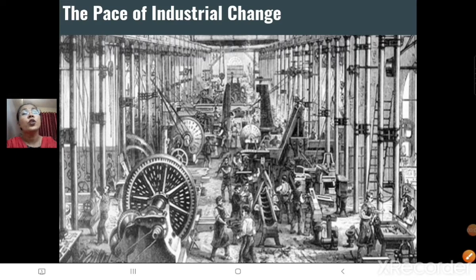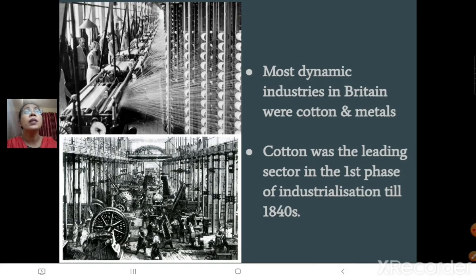First of all, you have to understand that the most dynamic industries in Britain were cotton and metals. That is, they were the dominating industries in Britain from the first half of the industrialization up to the 1840s. Cotton was the leading sector with the industries growing at a rapid pace.